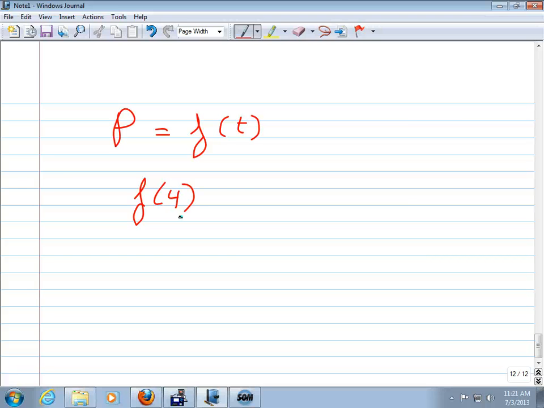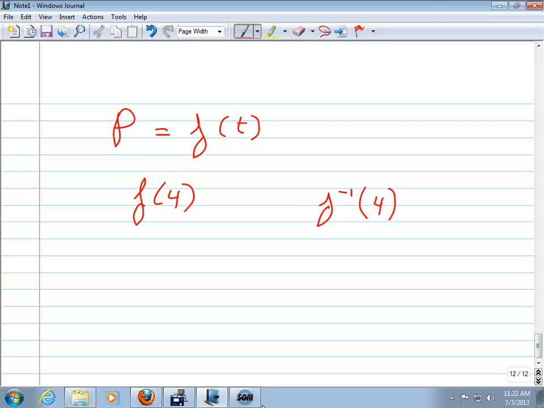But that's the easy question. God, you guys just got stuck on the easy question. What does this mean? The inverse function at 4. No, it's not a reciprocal. It's not a multiplicative inverse necessarily.